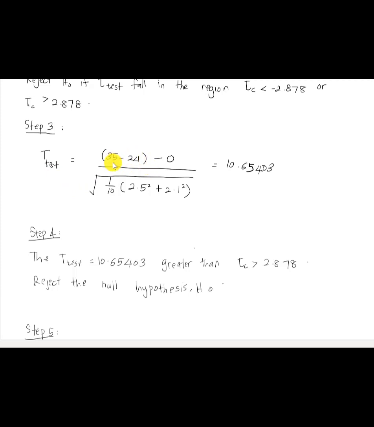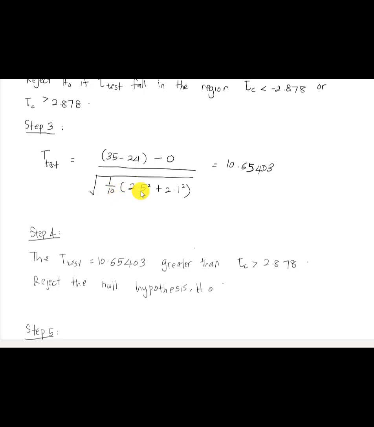From our question, we already have this information. Our x bar 1 is 35, x bar 2 is 24, and our mu1 minus mu2 is always equal to 0. And for 1 over n, our n is equal to 10, in which your n1 and n2 are equal.